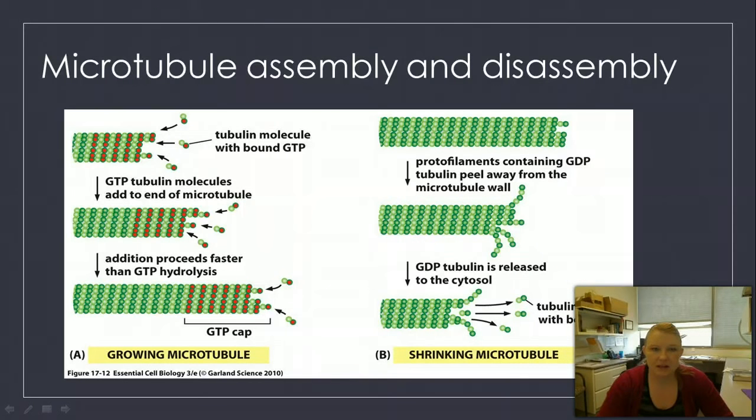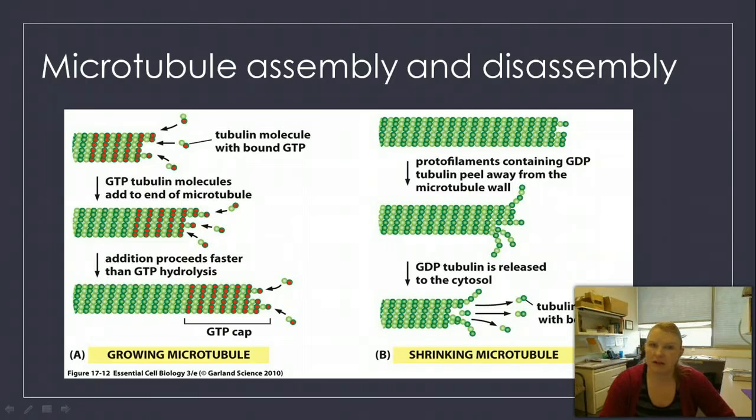So you can see here an example of assembly and disassembly of the microtubule. Let's start with the assembly aspect. The tubulin molecules that we talked about, those alphas and the betas, have an attached GTP molecule. And they go ahead and add on and assemble as we see here. This assembly happens really quickly, and so this GTP is actually just going to hang out there.